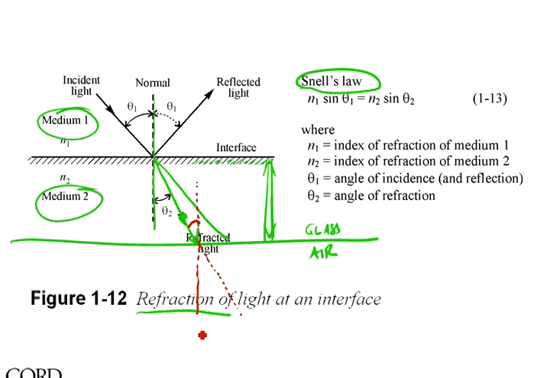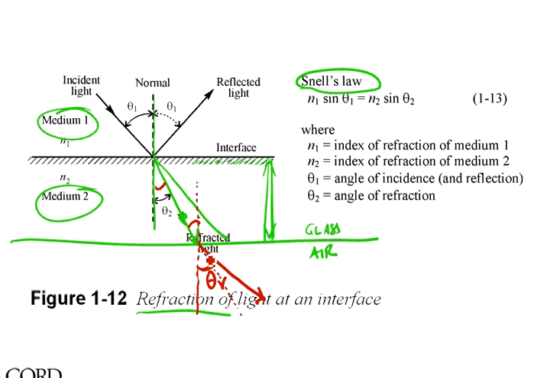It's just the opposite of what happened up here. So instead of bending this way, it will bend that way. So, this is the angle of refraction. The same thing here. That theta 2, this was the angle of refraction at the air to glass interface. This is the angle of refraction at the glass to air interface.